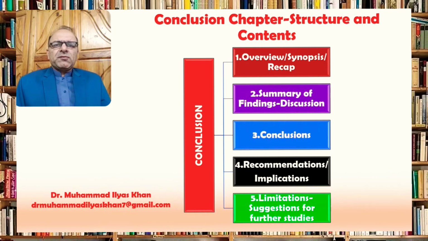This summary of findings is generally then followed by a discussion section where the researchers critically analyze and discuss their research findings in the light of findings from other similar studies that have already been conducted and are available in the literature review, where there are findings that are similar to or opposite to the findings of this particular study.